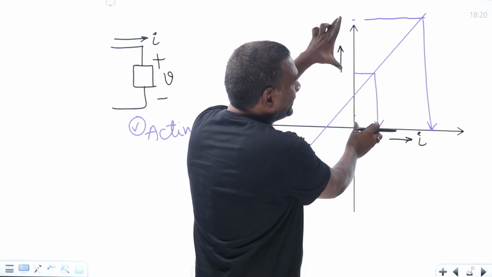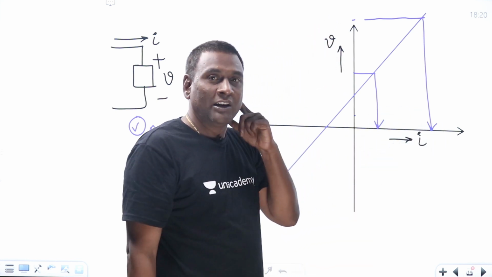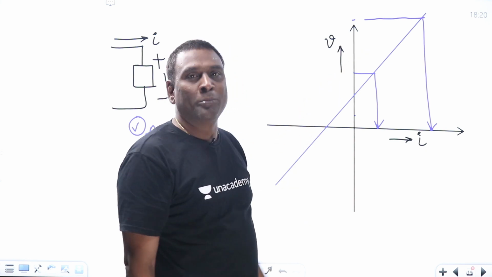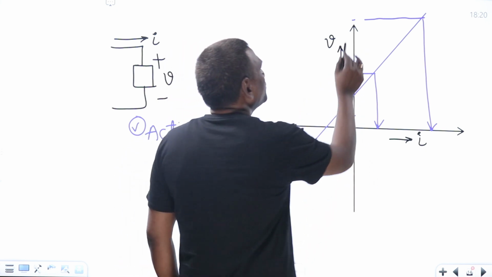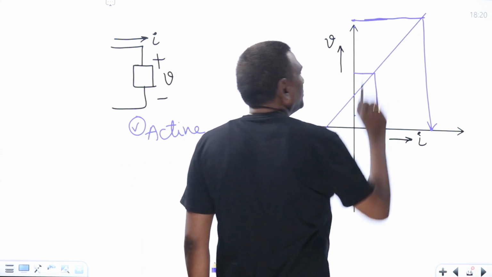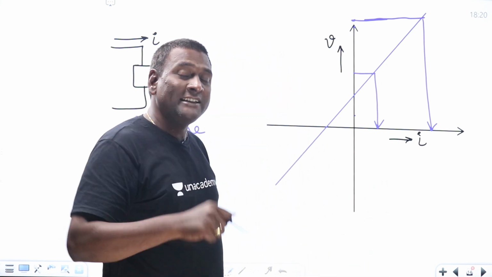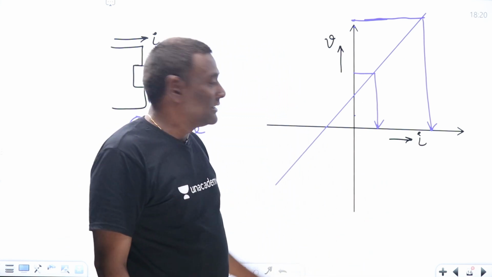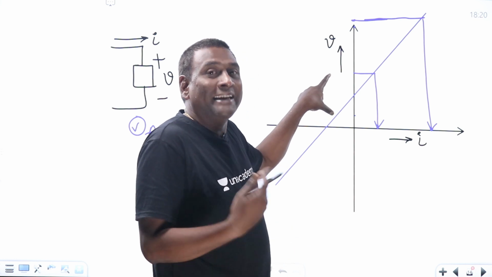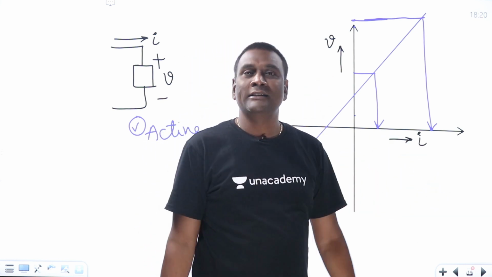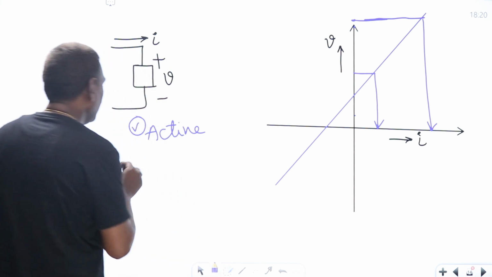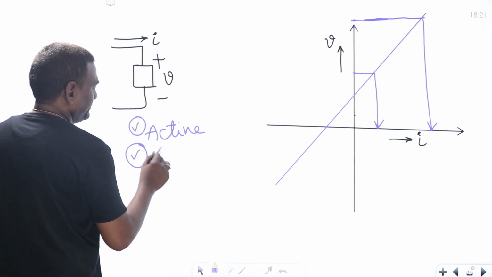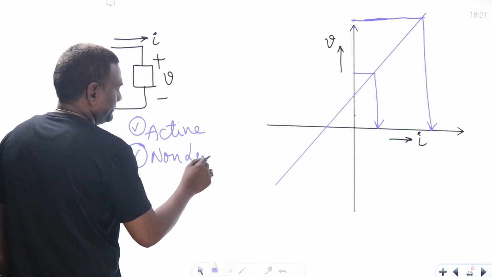If I double the voltage, current will not be doubled. It will be decided by the slope and all. You are getting my point, right? So it is going to become non-linear, because if you increase excitation by k times, response will not be increased by k times.